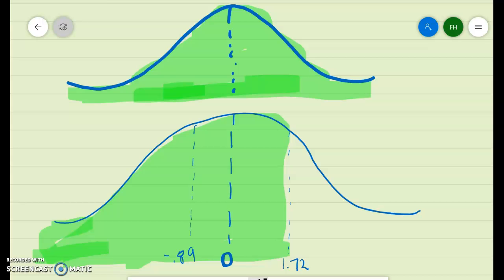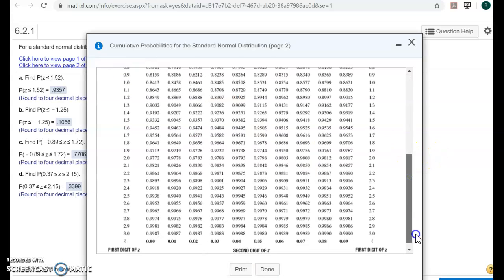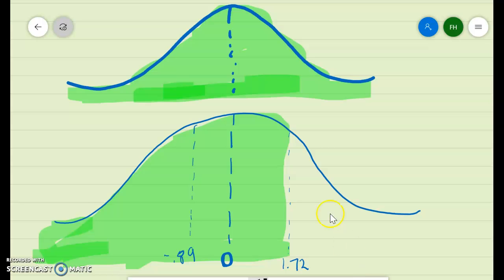But let's just go ahead and get the probability up to 1.72. 1.7012, 0.9573. So let's go back and write that down.